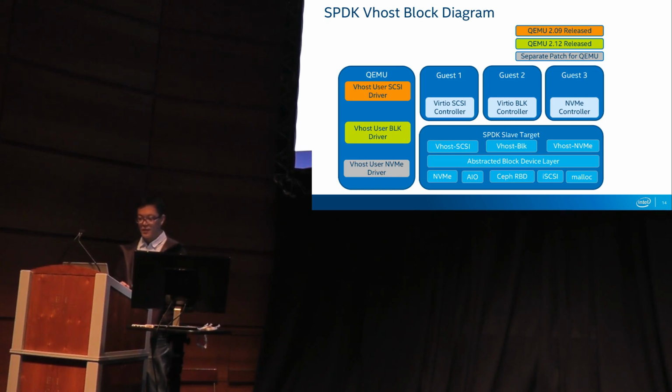But for the NVMe part, we maintain a separate patch in our own GitHub repository, and you can apply that patch and test with it. For the vhost target part, we have three different components. Below those components, we have our block device layer, which can be used for the physical NVMe device, the AIO device, Ceph RBD, etc.